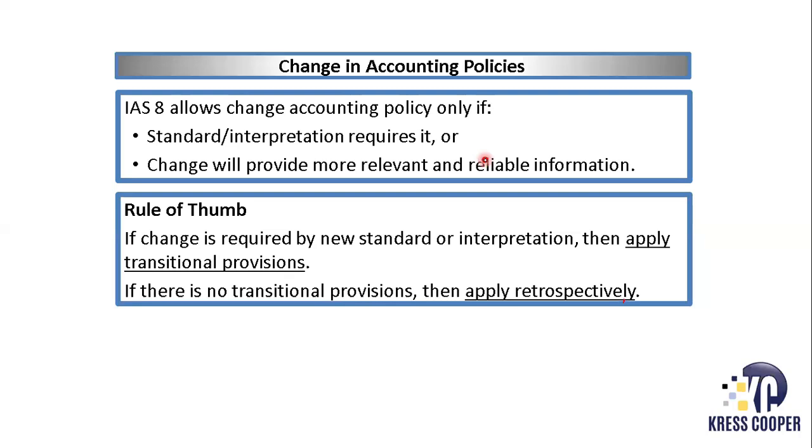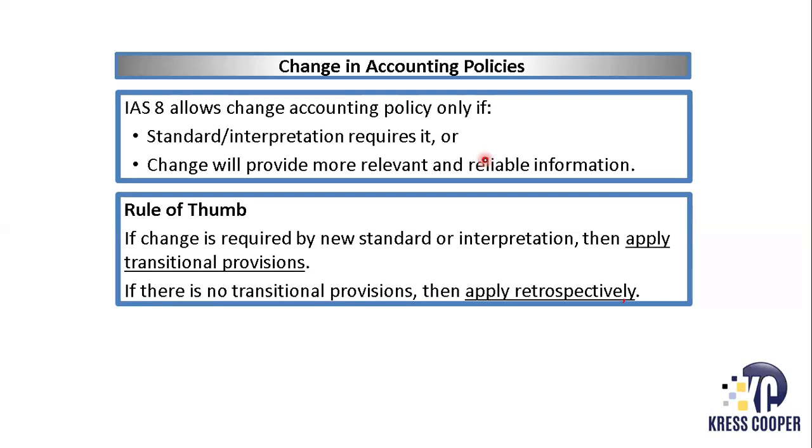That guideline that the new standard is providing is known as the transitional provision. So how to account for the change during this transition is provided by the new standard or the changed standard.